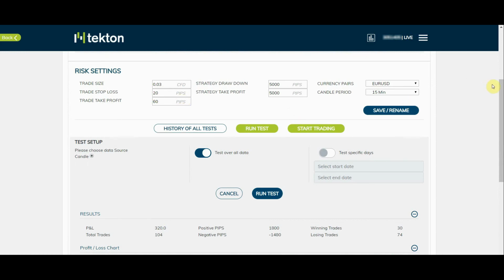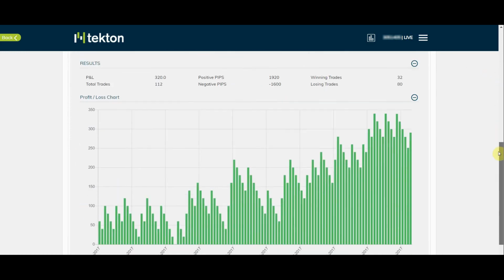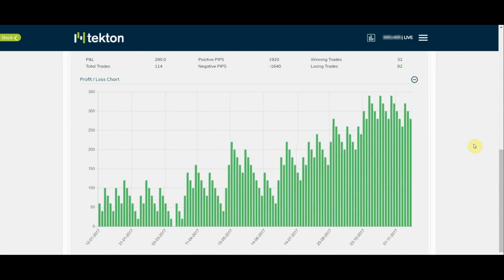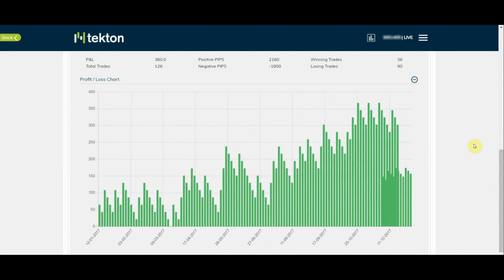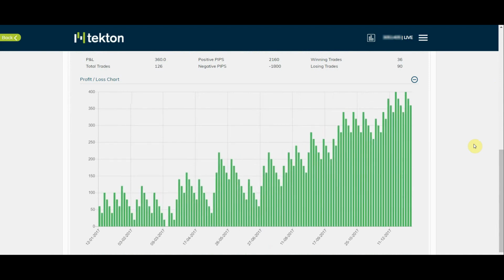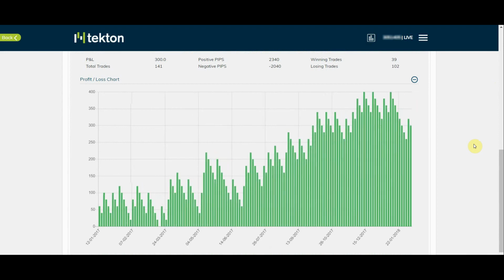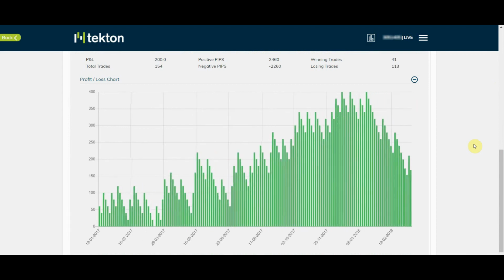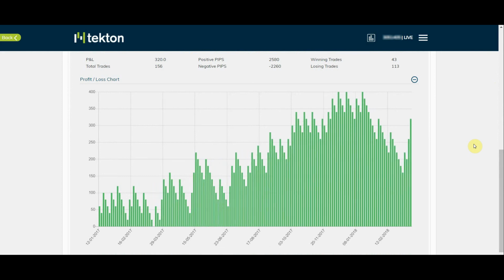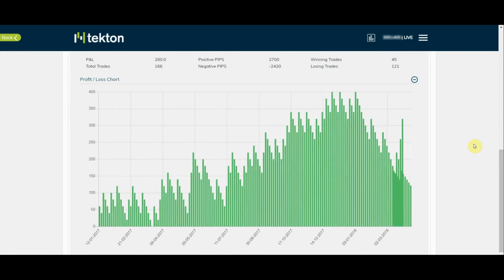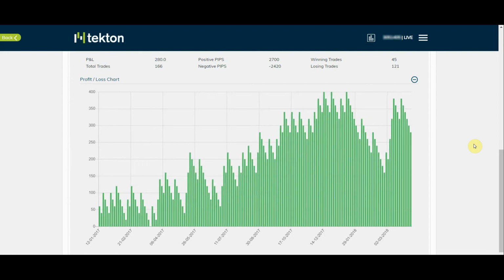So the trading system is geared around winning trades being 3 times the value of a losing trade. Okay, so it's made in the first year 400 pips. Now it's started to test, and it should gather pace over the coming year.